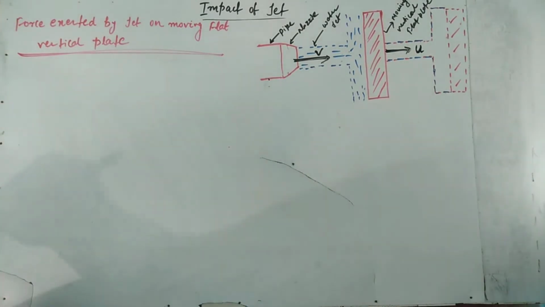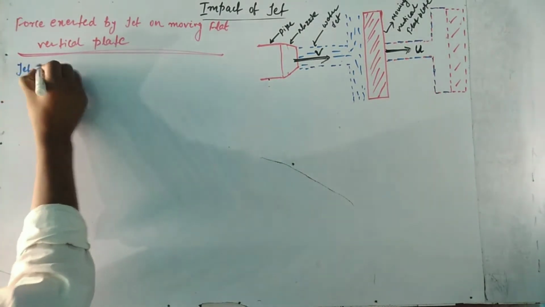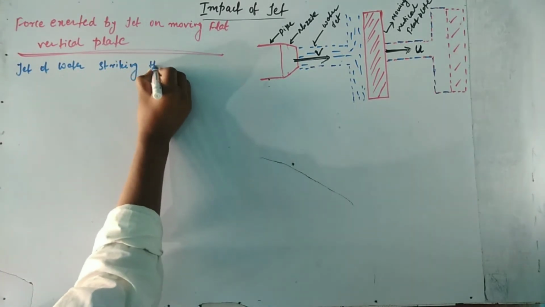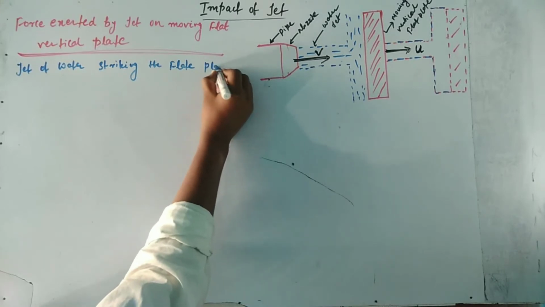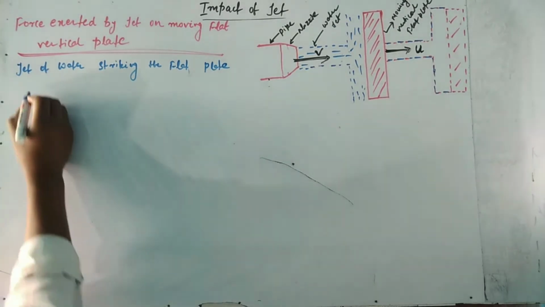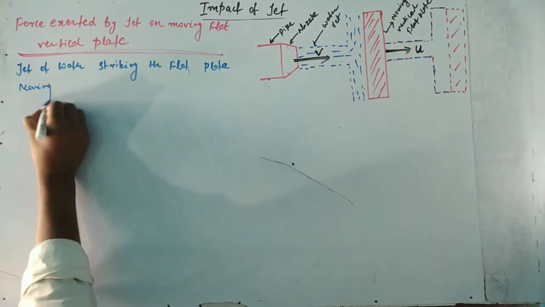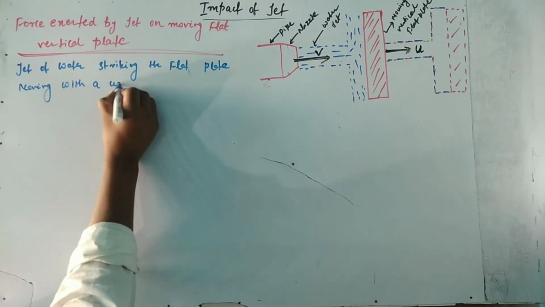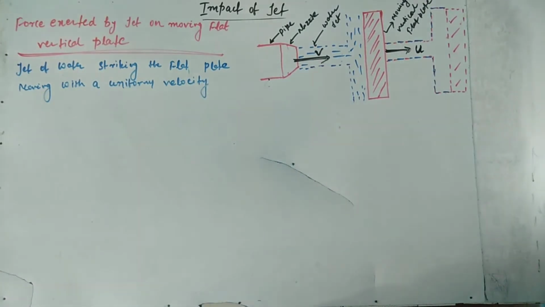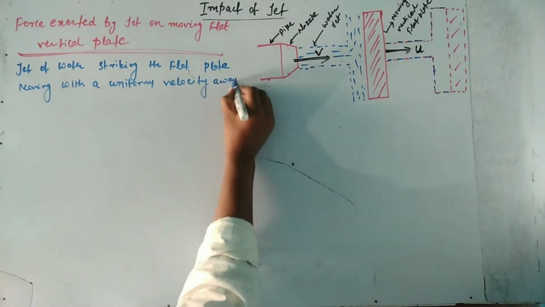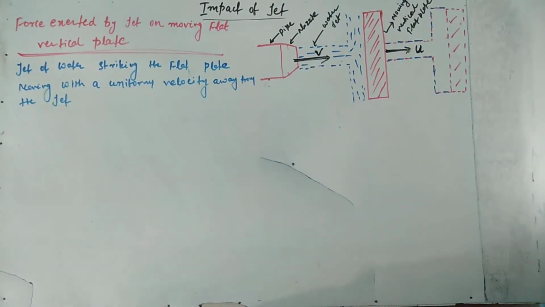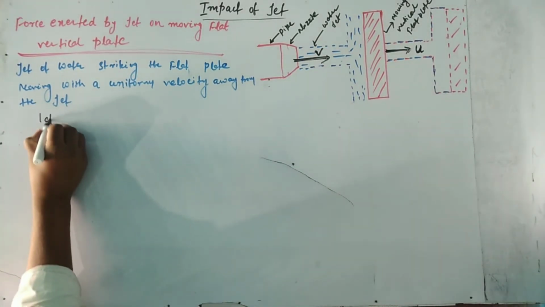So first we note that a jet of water is striking the flat vertical plate, which is moving with a uniform velocity away from the jet.